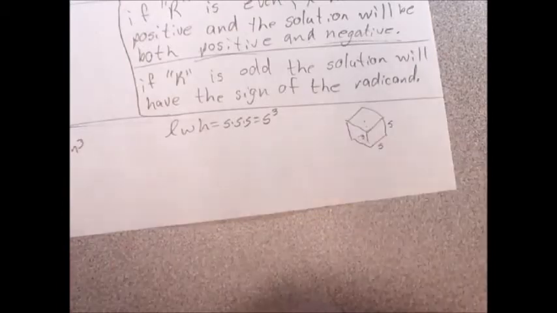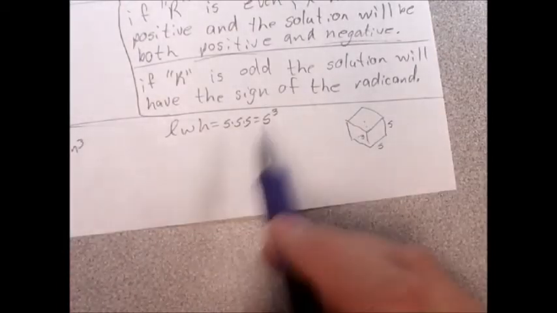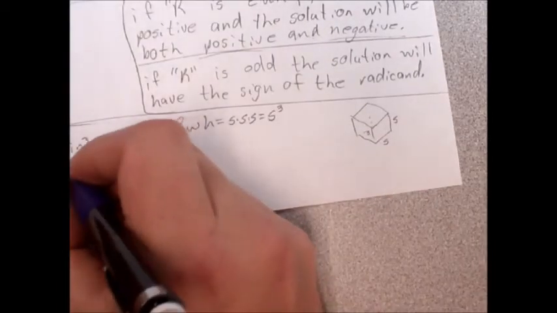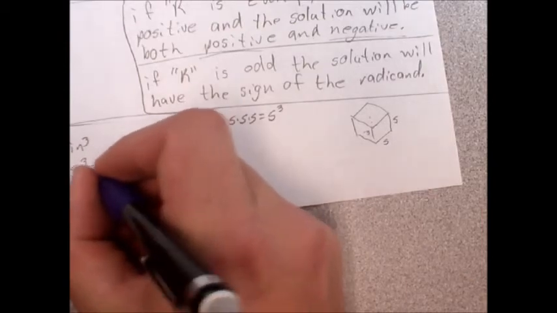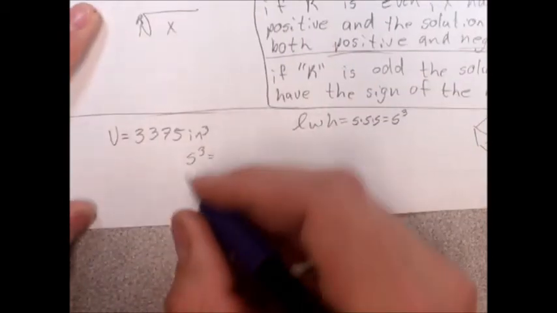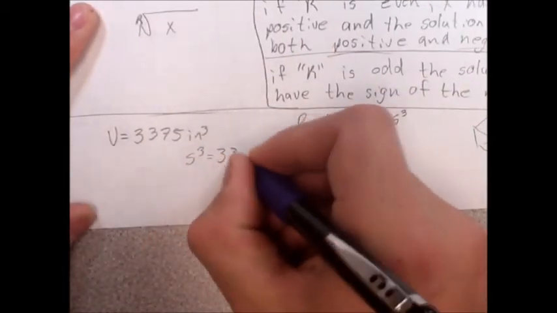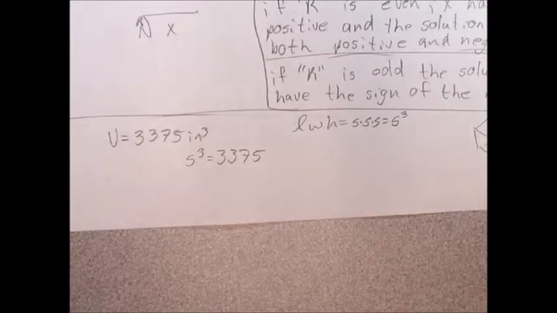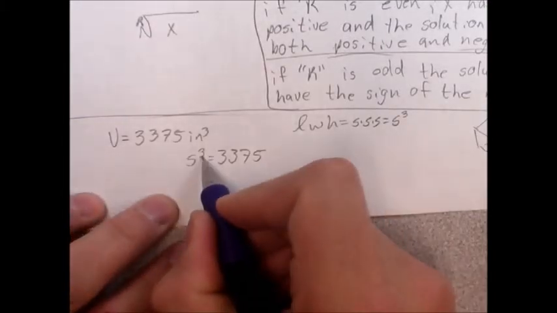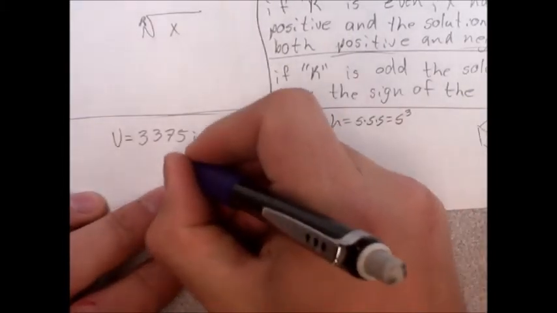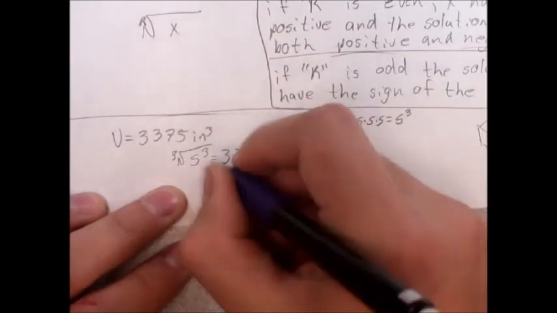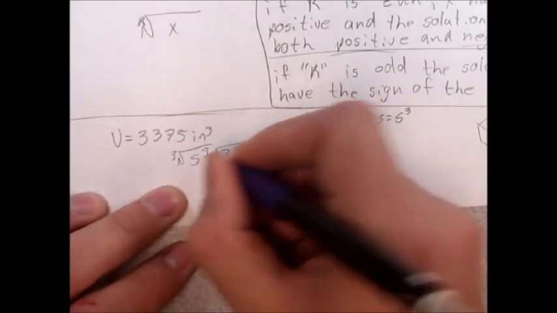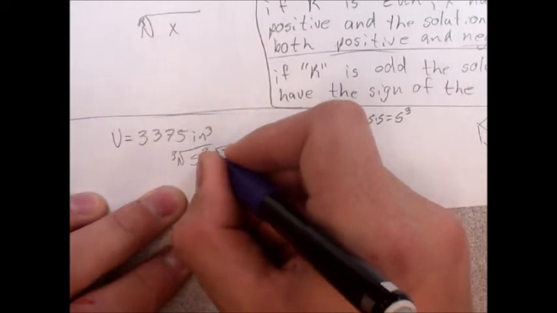So when I rewrite this problem, S cubed is my volume, and my volume is 3,375 inches cubed. To find this answer, because I want to get rid of this 3, I have to cube root each side, because the inverse of to the third is the cube root.